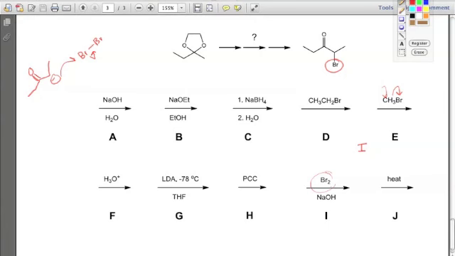Now that leaves me with the issue that I am going to need to somehow deprotonate this and make the enolate form, so I'm going to look for a base. I can't really go anywhere backwards from here either, because I totally missed this.